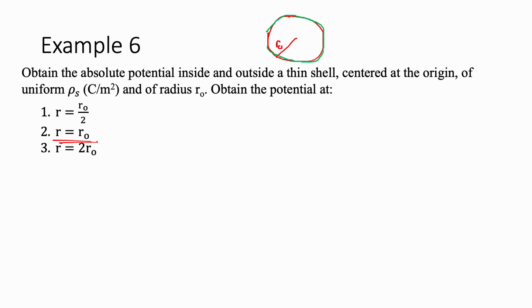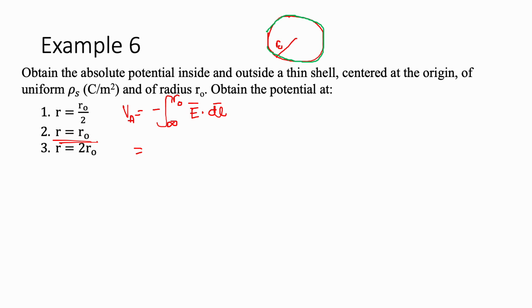So VA is equal to negative infinity until r naught of E dot dl.